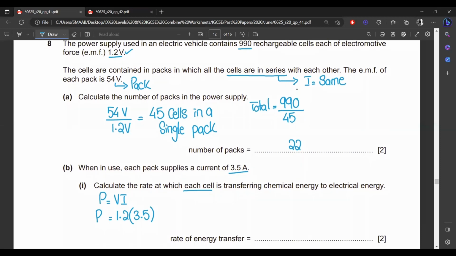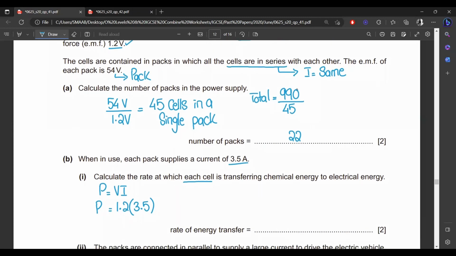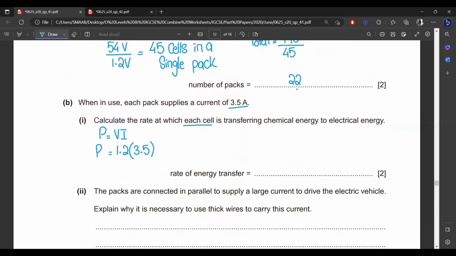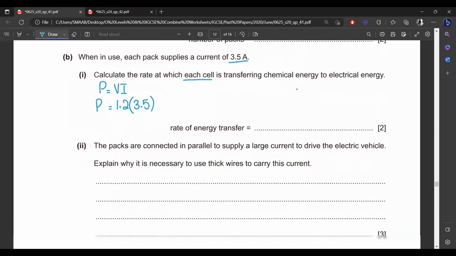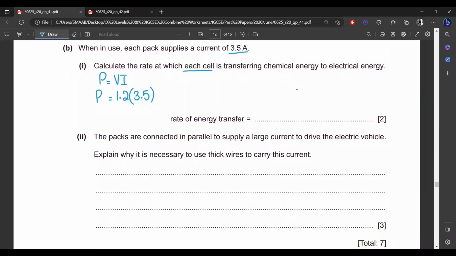Oh, right, sir. So if the electric current is 3.5 ampere, it will remain the same for each cell connected in series. So that's why we just multiply 1.2 by 3.5, and that will give you the rate of energy transfer.